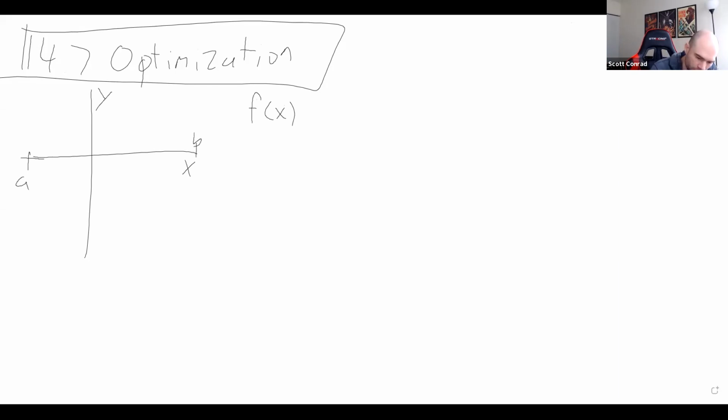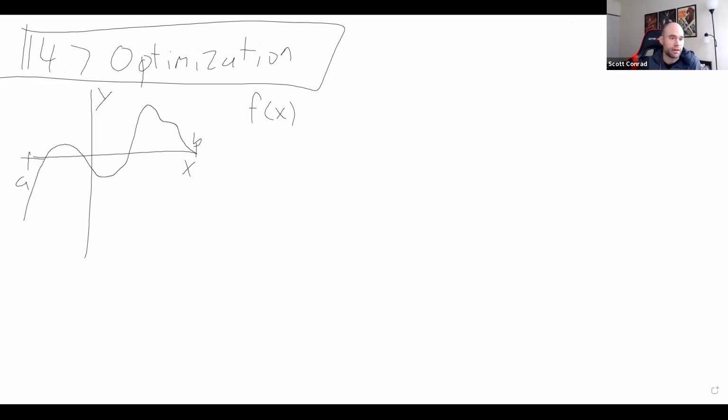But suppose we get something like this. Suppose this is a graph of our function on that interval.